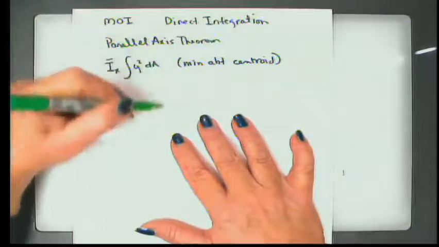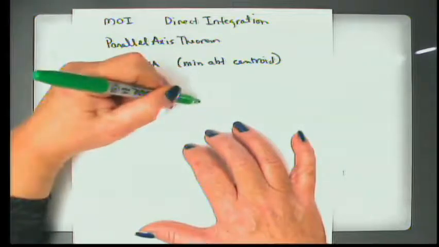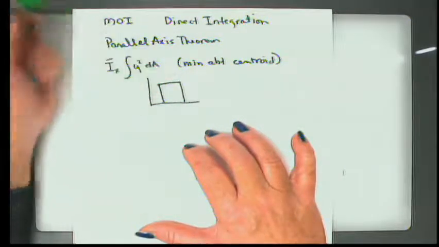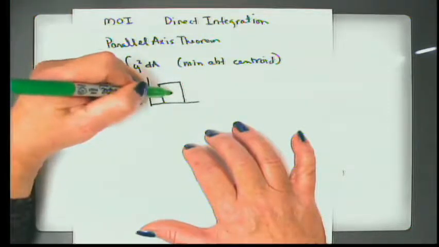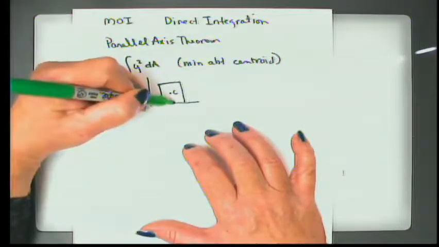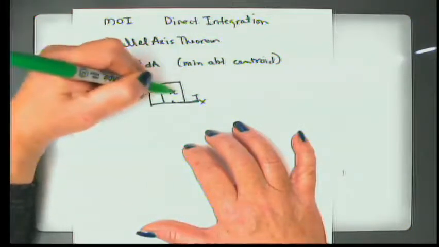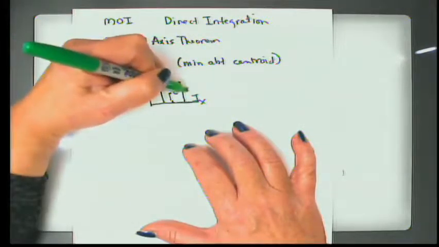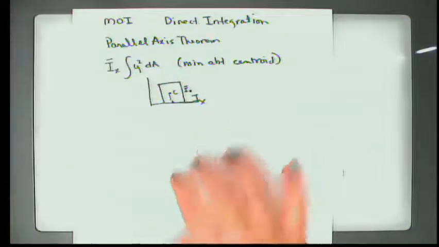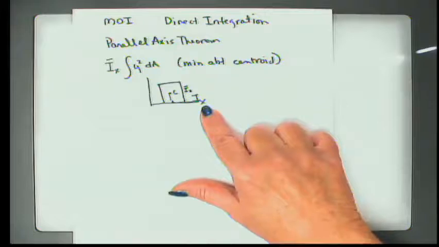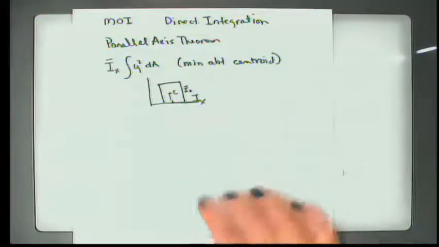Well, what if you don't want to take the moment of inertia about an object's centroid? In other words, if you have a box like this, a rectangle, and instead of taking it about the centroid here, you want to take it about the x-axis. This would be called I sub x bar, where the bar above the I indicates that it's centroidal, and the I sub x means about the x-axis.